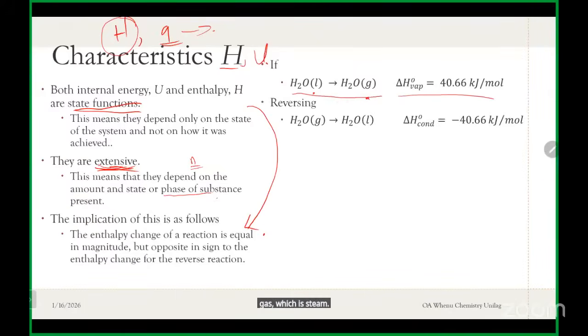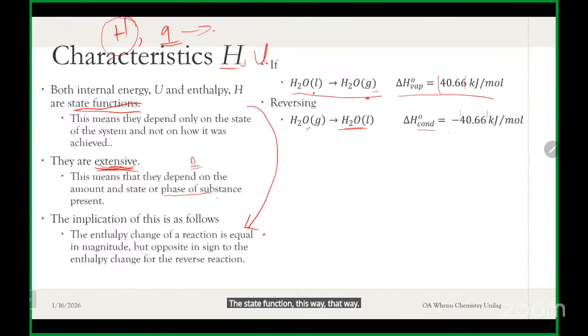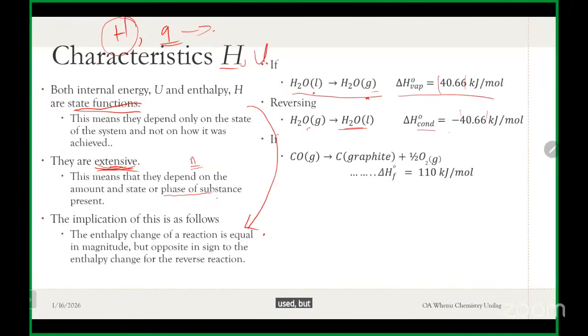If you want to take the gas back to liquid water, the reverse process, which we call condensation, the same amount of energy at the same temperature is used, but opposite in sign. So that's the thing about state functions: this way, that way, same amount of energy, but different sign. So we say that they are extensive.